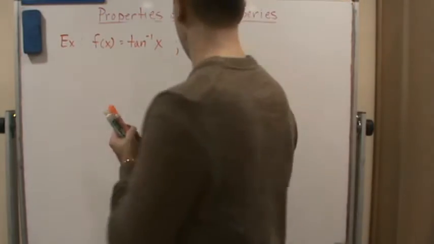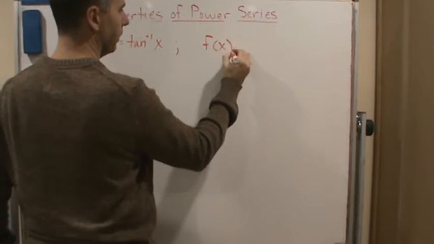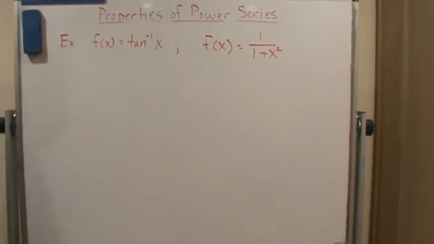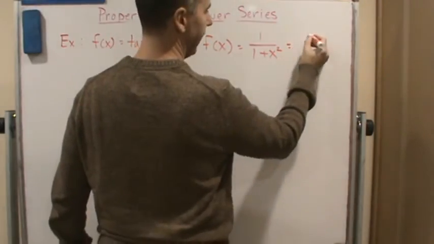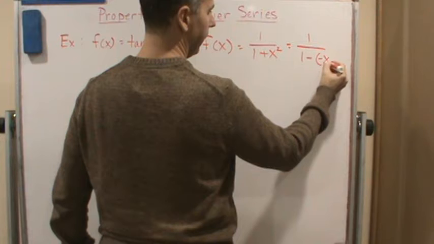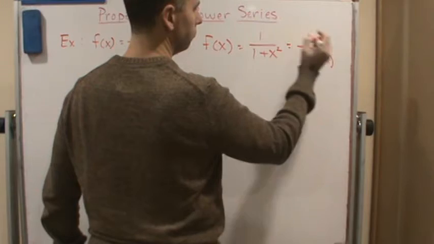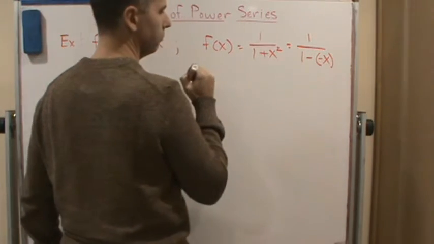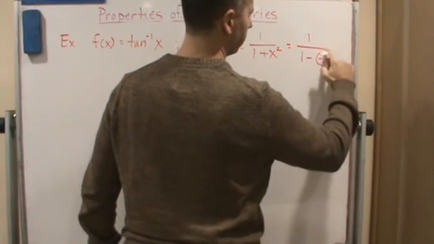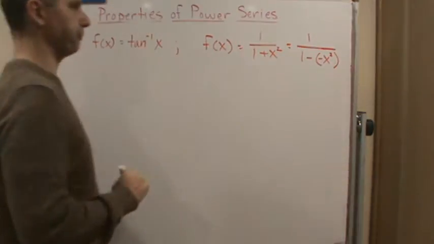f. Okay, so again, in this case, we know that the derivative of inverse tangent is 1 over 1 plus x squared, which again, we know we can write as 1 over 1 minus negative x squared, like that.